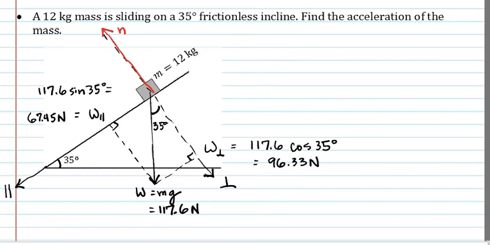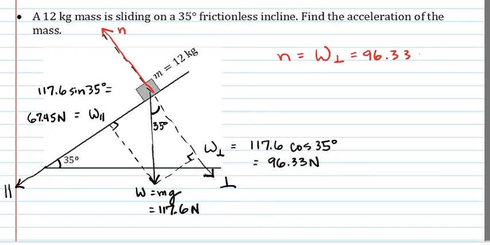But because this object is not moving along the perpendicular axis, the normal force is just balancing out the perpendicular part of the weight. The normal force is going to equal the perpendicular part of the weight, 96.33 newtons.